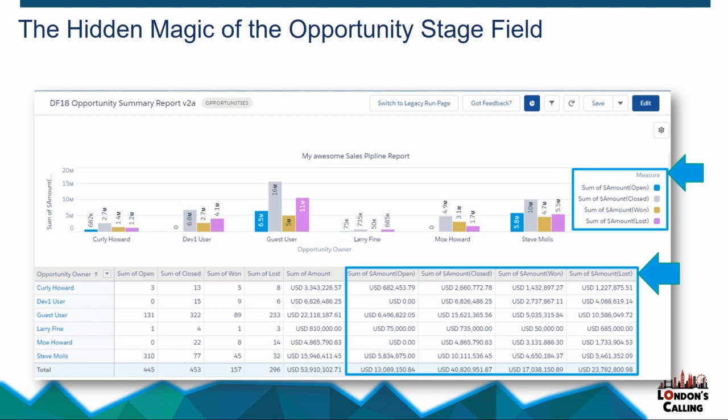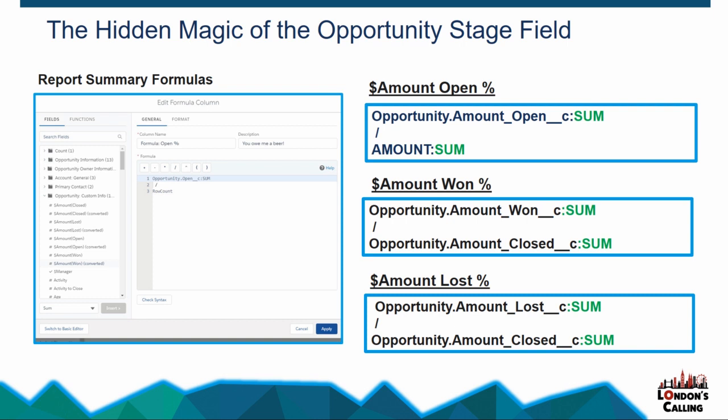But now, the really cool thing is I can use those fields in report summary formulas to do some calculations like this. What percent of money is open? I can take that amount open field that I just created and divide that by the sum of all revenue in the standard opportunity amount.